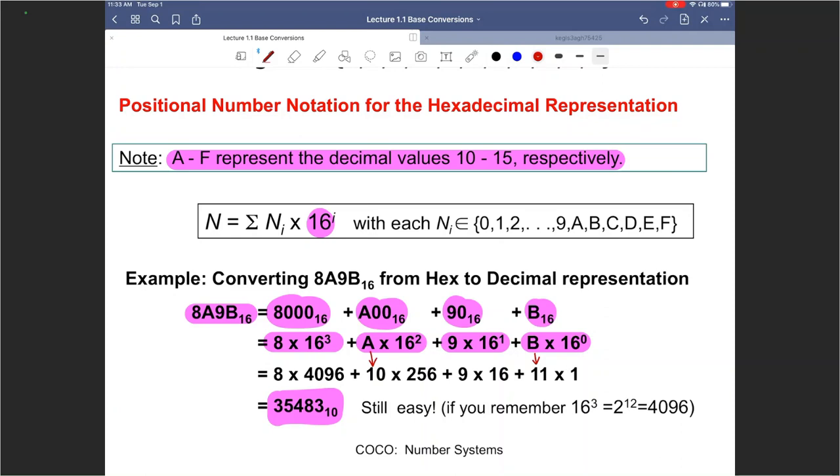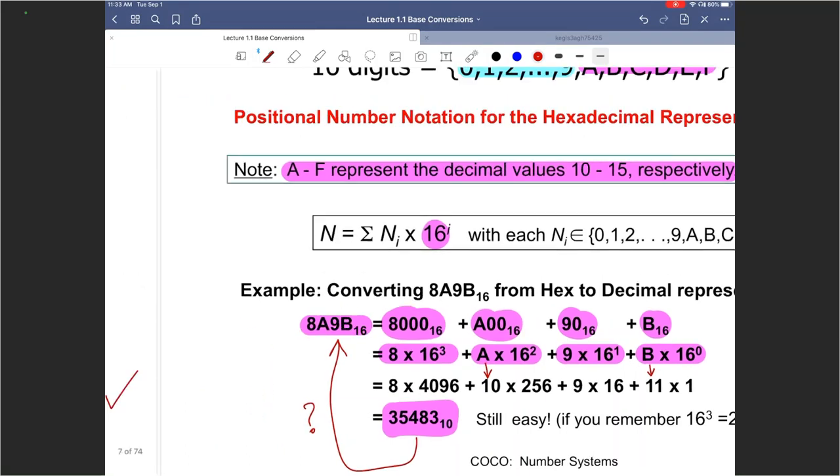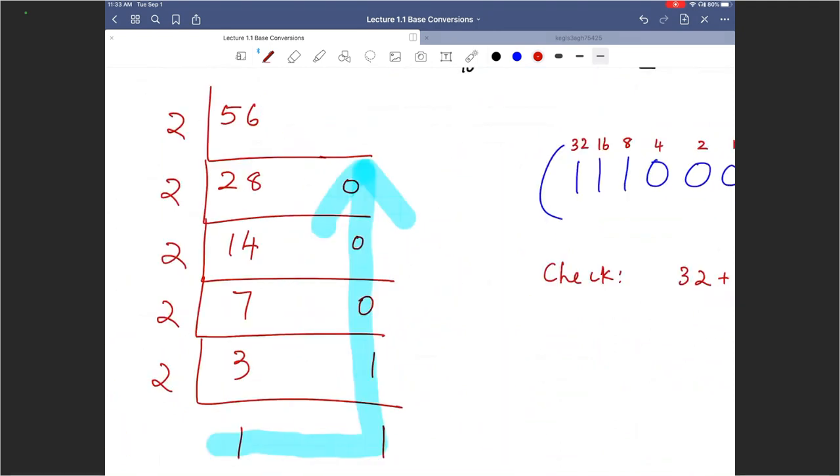Quick question. How do I go back? To go from 16 to 10, I multiplied each digit by increasing powers of 16 and added it up. Divide by 16, absolutely. Successively divide by 16 and record the remainders in the reverse order. The same way we did for binary. The only thing that changes is what? This will change to 16.